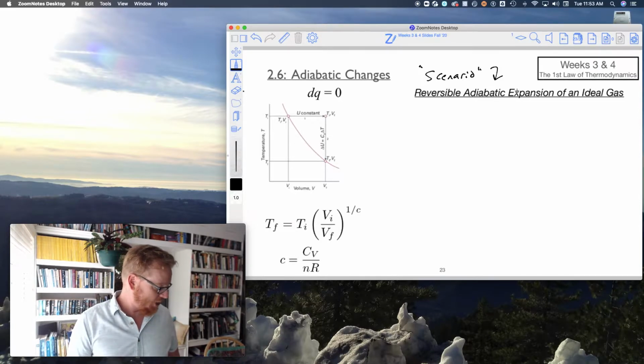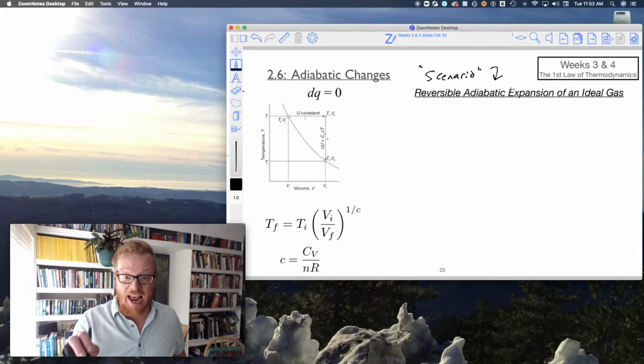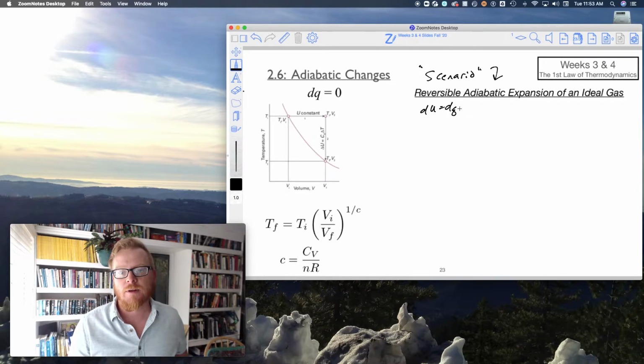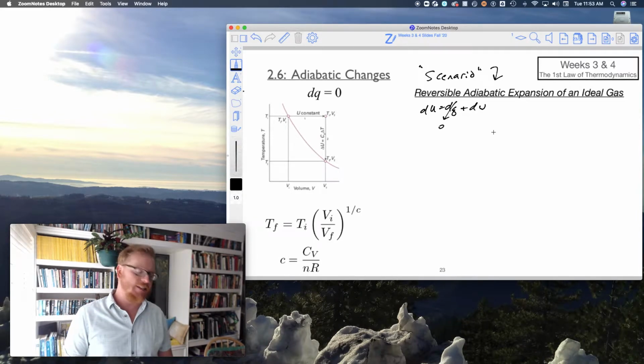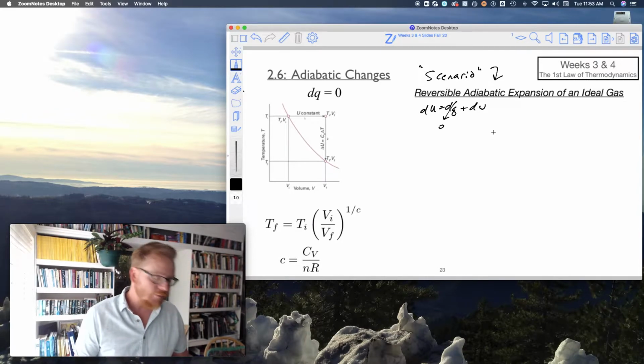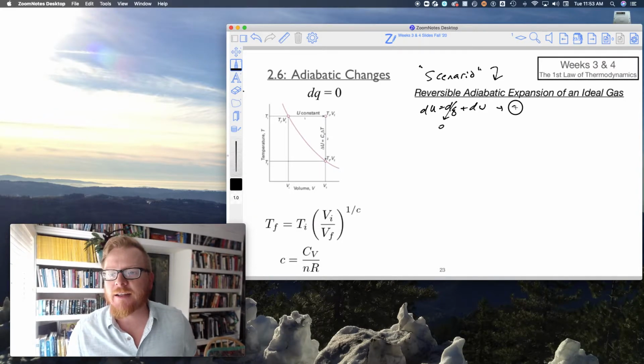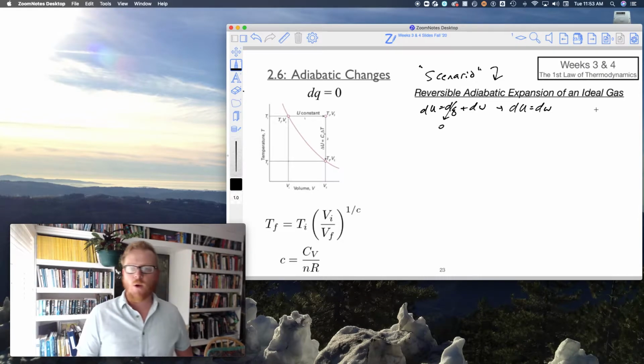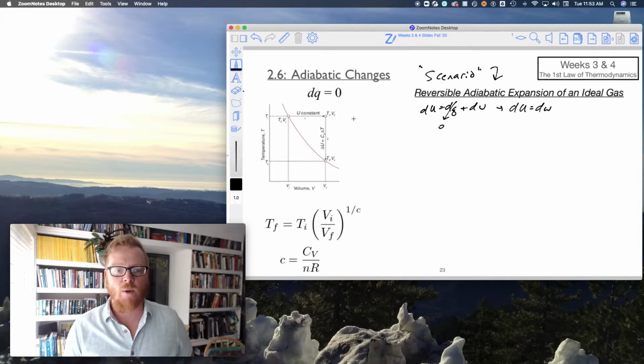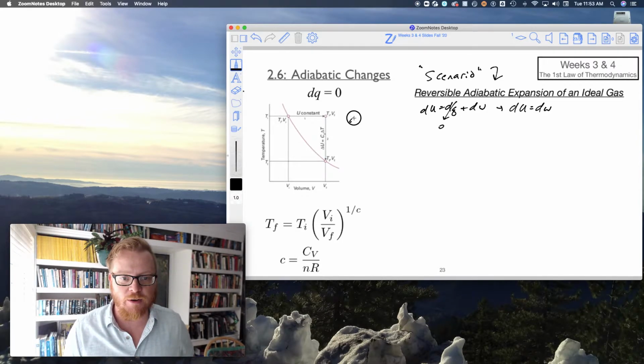So reversible expansion is P dV, where I have to actually integrate the P. And adiabatic, we recognize, refers to the following: dU equals dq plus dw. Because it's adiabatic, dq has to be 0. And thus dU equals dw. Well, what other relationships do we know? I'm going to make a little inventory over here on this side.